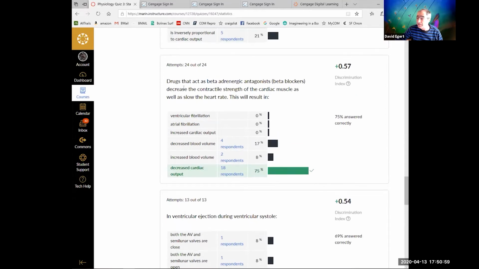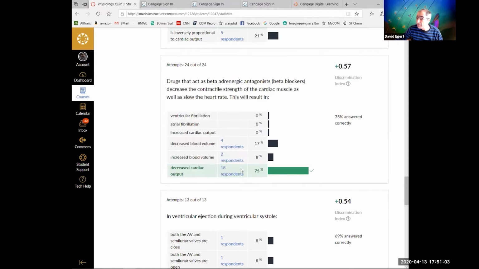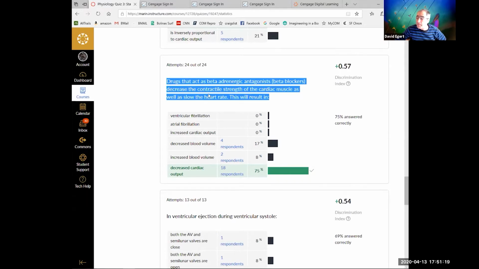Here again, I just mentioned this directly in the lecture just now, and a quarter of the people got this wrong. Drugs that act as beta blockers decrease contractile strength of the muscle and slow the heart rate. That lowers cardiac output, which lowers blood pressure.